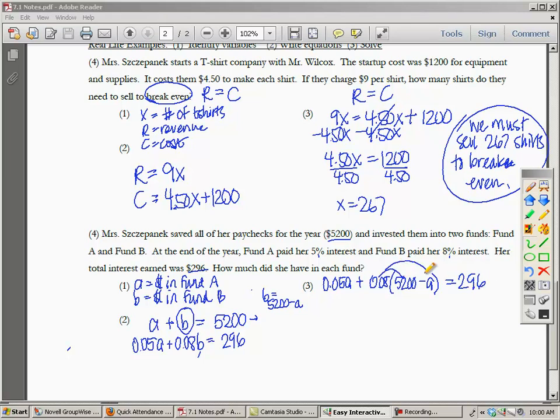I'm going to distribute this, 0.05A plus 416 minus 0.08A equals 296. And all I'm going to do is start solving.